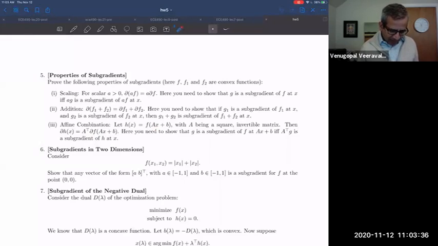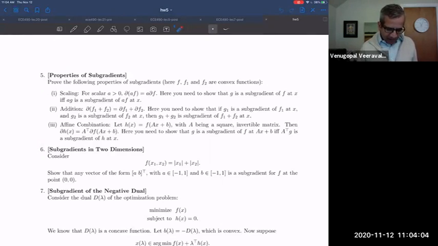For example, here h is f of Ax plus b. Assume for simplicity that A is a square invertible matrix. If A is not a square matrix, things get a little more messy, and you can think about that on your own if you like. A can be a non-square matrix, but you need to go from the original space, maybe n-dimensional space where x sits, to an m-dimensional space that's smaller. Otherwise, this result will not hold.